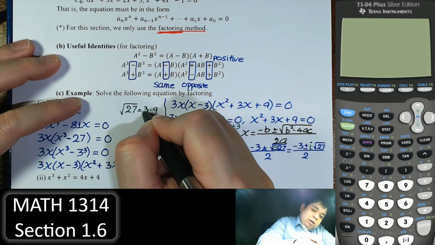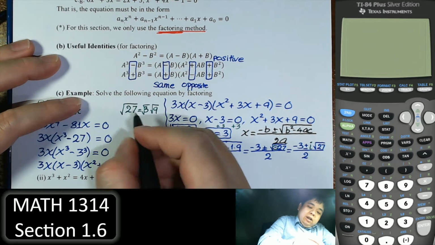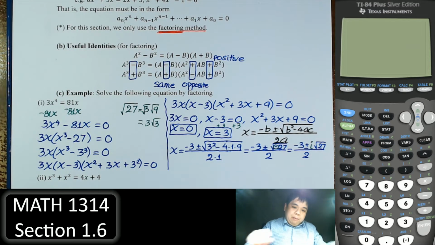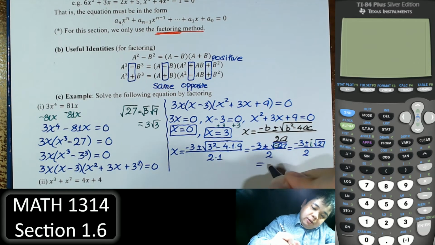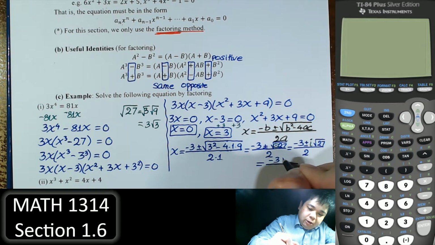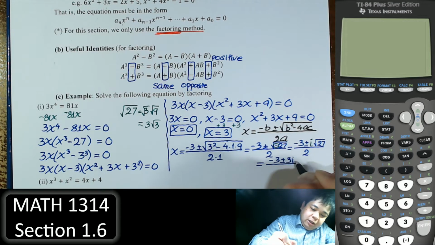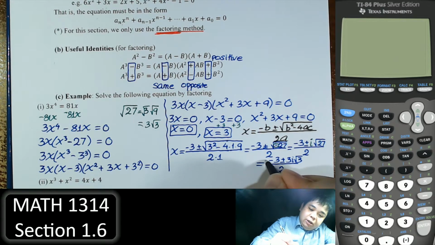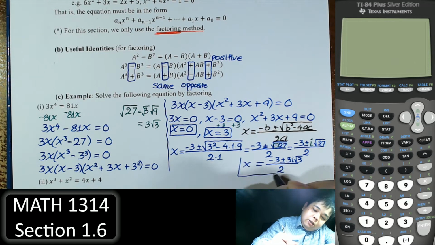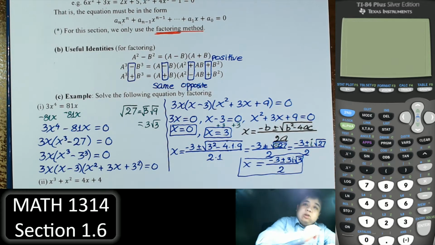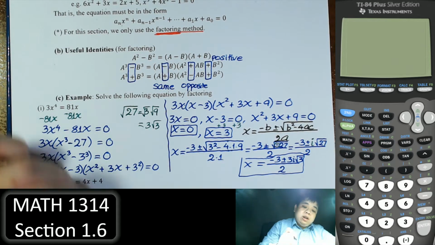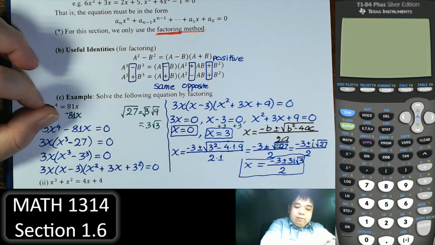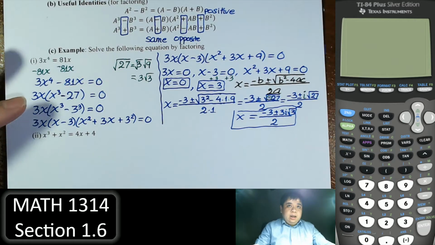If we take the square root, that will be the square root of 3 times 3, so 3 square root of 3. So we have negative 3 plus or minus 3i square root of 3, over 2. So that's what we have. This equation has 4 solutions. Let's go to the next one.